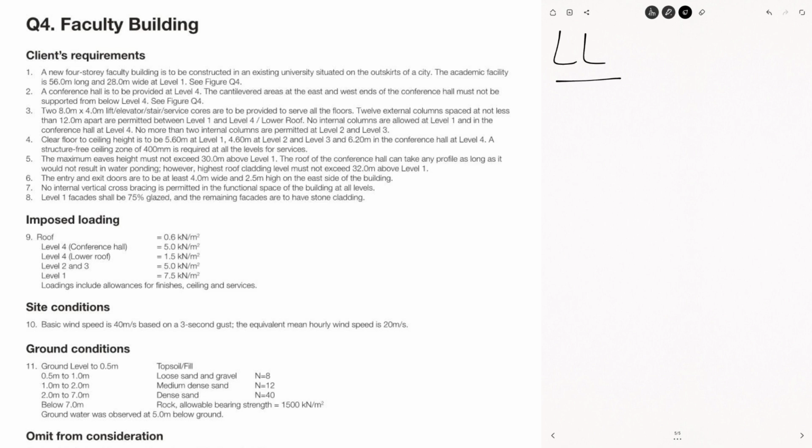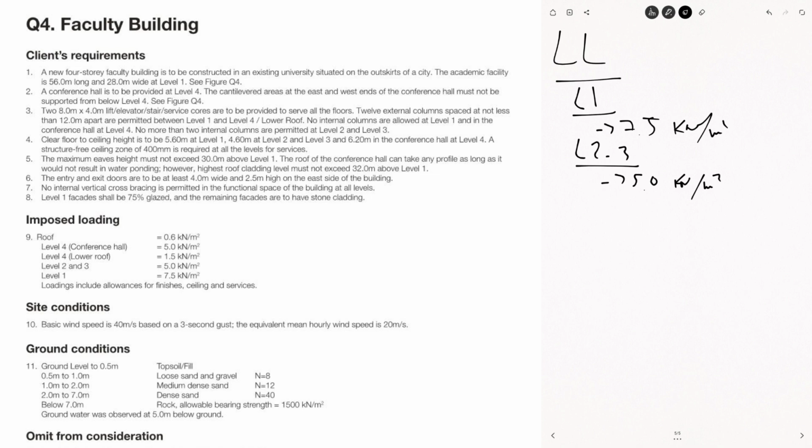Level 1, if we go to the question, it shows us that level 1 live load is 7.5 kilonewtons per square meter, and level 2 and 3 is 5 kilonewtons per square meter.